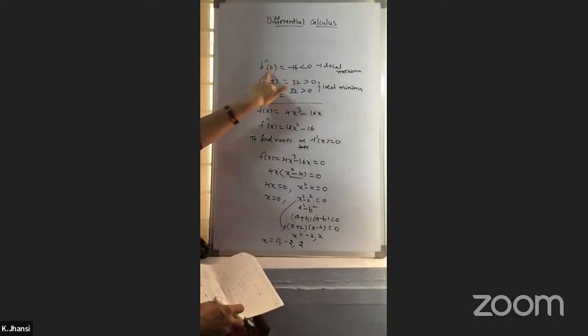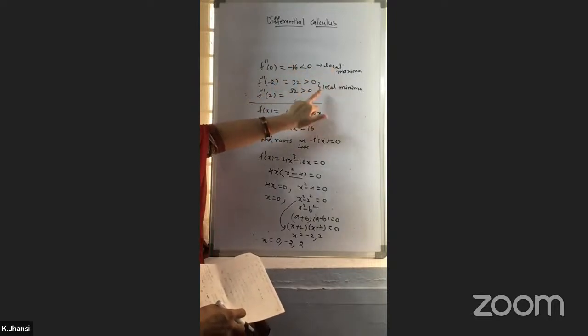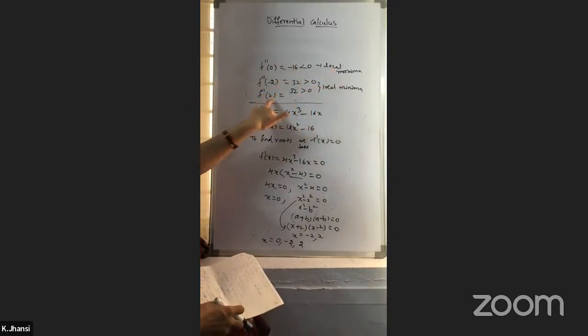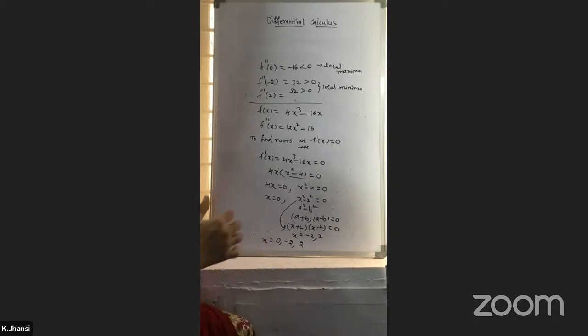These two are minimum points, and the value is 32, which is positive. Like this you have to solve the problems. Once you have time, you can even look at integral calculus, and you may understand and solve the problems.